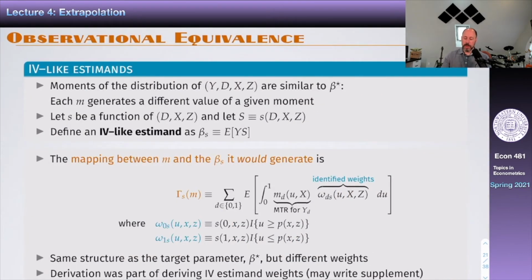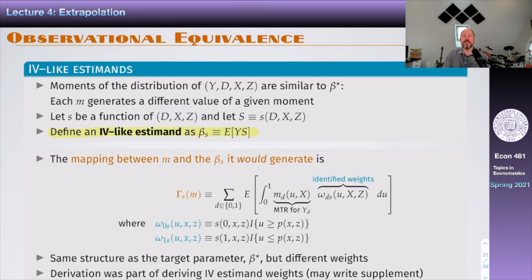Okay, so what do we mean by observational equivalence? Now moments of the distribution of y, d, x, and z are similar to the target parameters, meaning that we can write them as functions of the marginal treatment responses. So we're going to let s be a function of d, x, and z. And we're going to define something called the IV-like estimate.